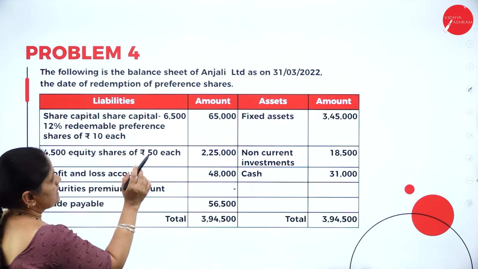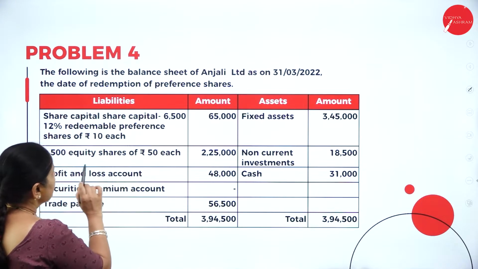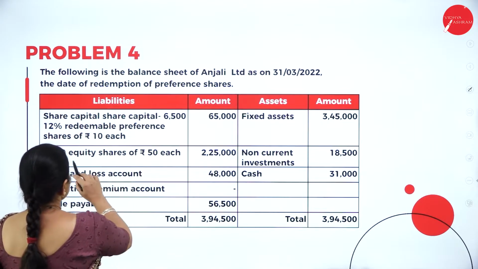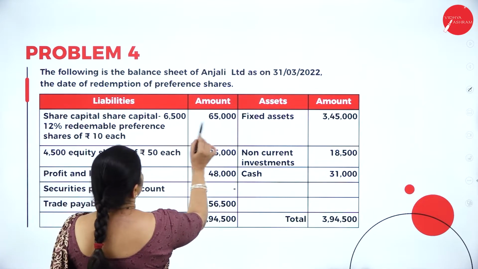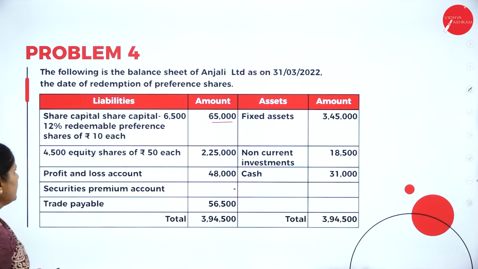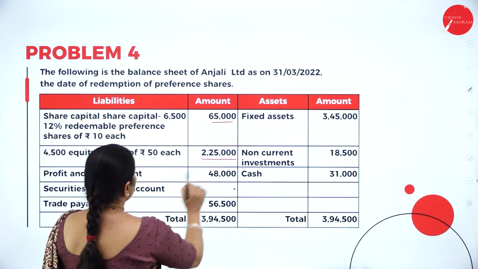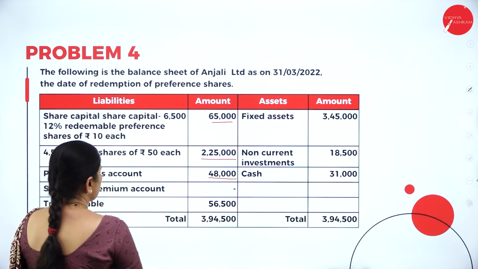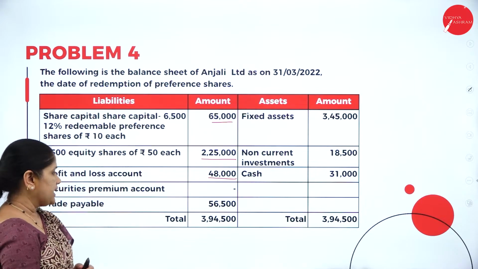The following is the balance sheet of Anjali Limited as on 31st March 2022, the date of redemption of preference shares. Share capital 65,000, 12% redeemable preference shares of 10 each. Then 4,500 equity shares of 50 each, 2,25,000, profit and loss account 48,000, securities premium account is nil, trade payable is 56,500.